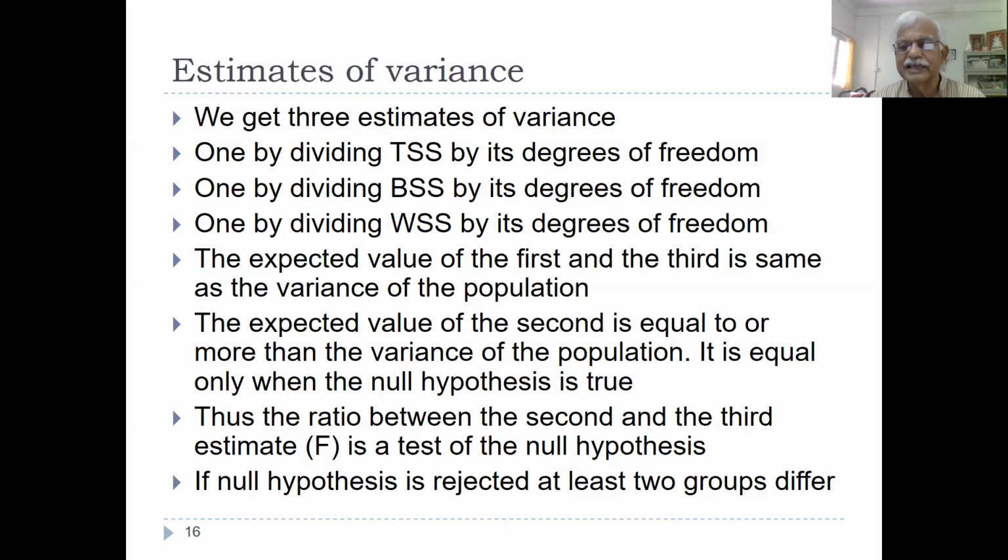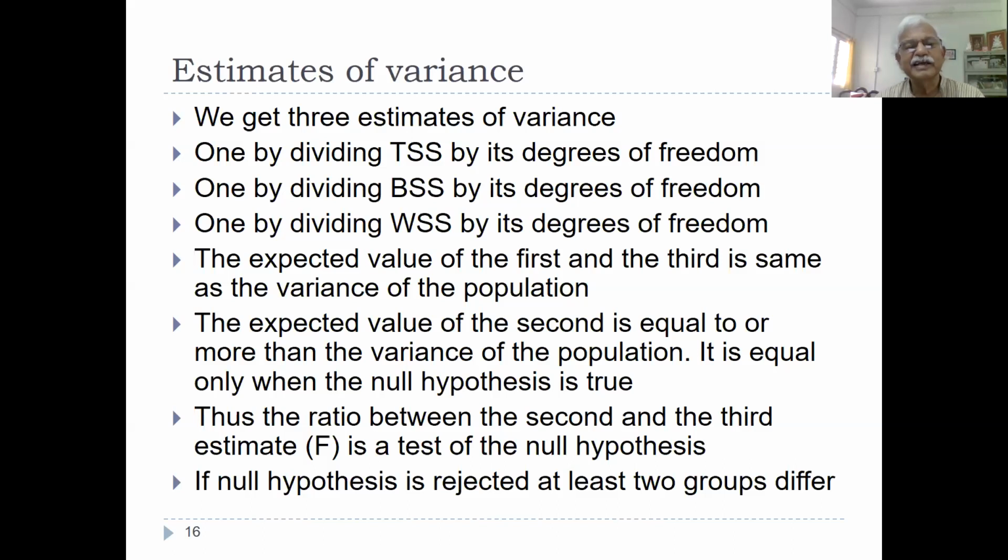It can be shown algebraically again that the expected value of the first, meaning the estimate of variance based on the total sum of squares, if you take the expected value of that, will be the same as the variance of the population.